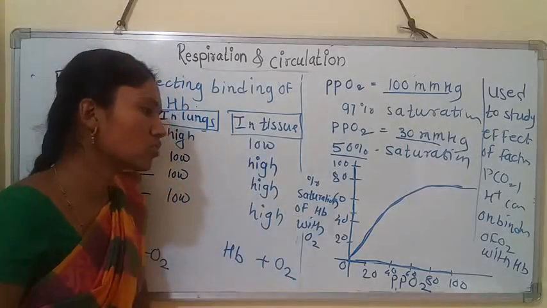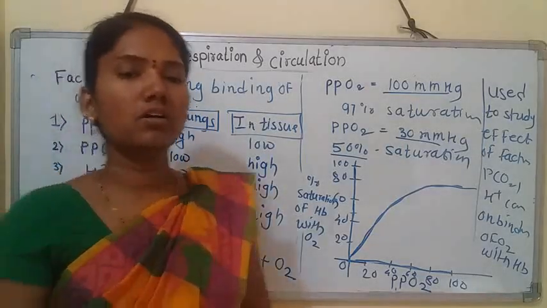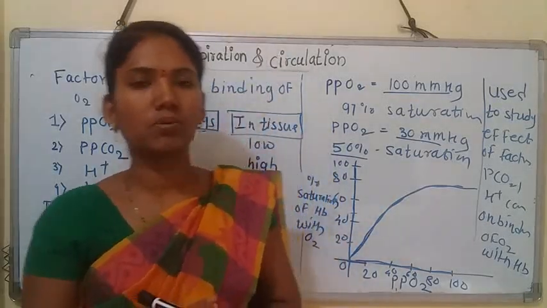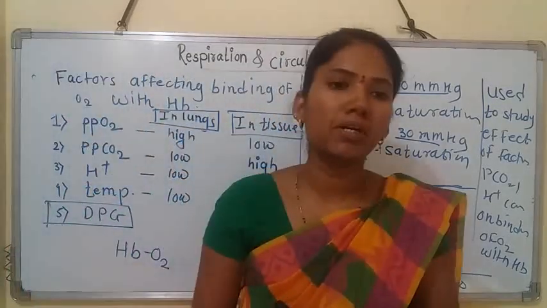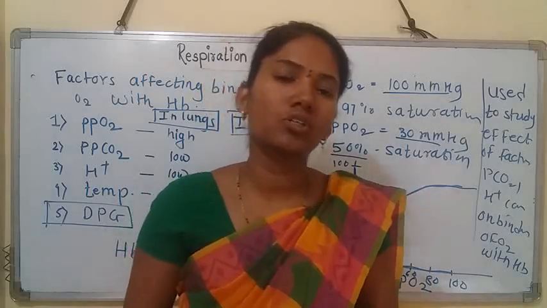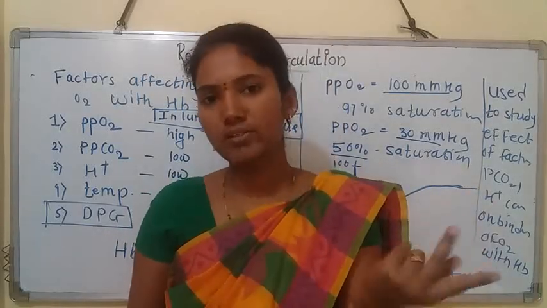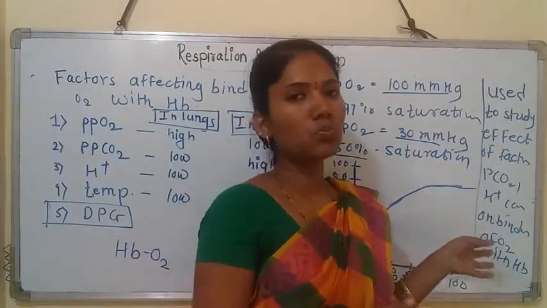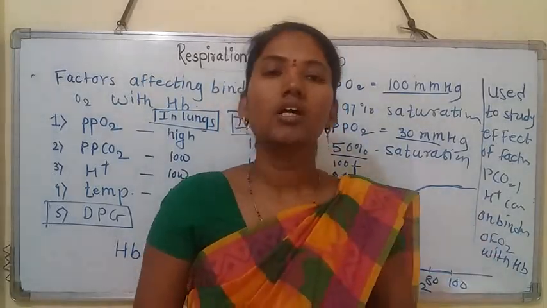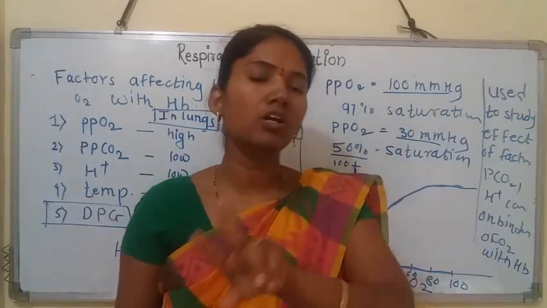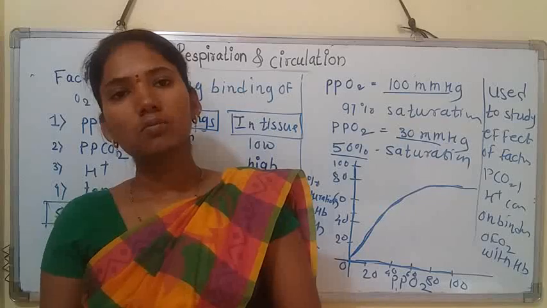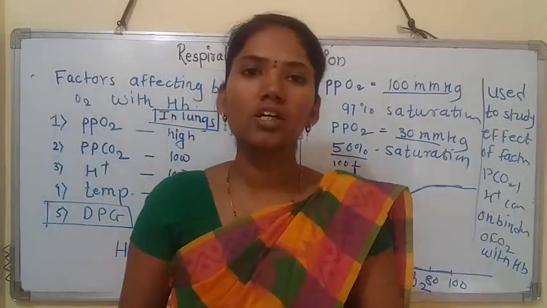So this was about the oxygen dissociation curve, and we learned the first point, that is transport of oxygen in internal respiration. Once again, in internal respiration we are going to learn transport of two gases. One is oxygen and another is carbon dioxide. Till this point we have completed oxygen. In oxygen we learned there are two methods of transporting. One is binding with hemoglobin and another is in dissolved form.